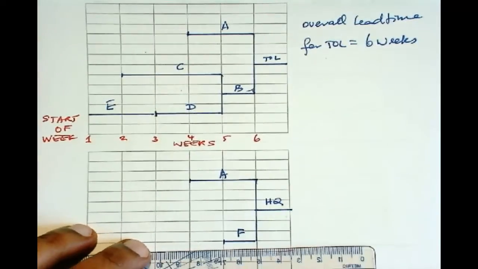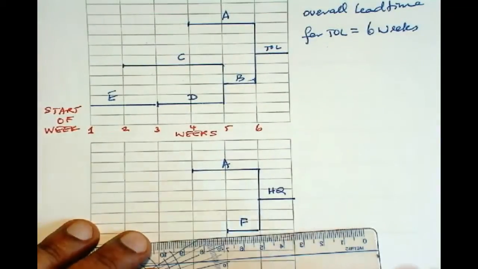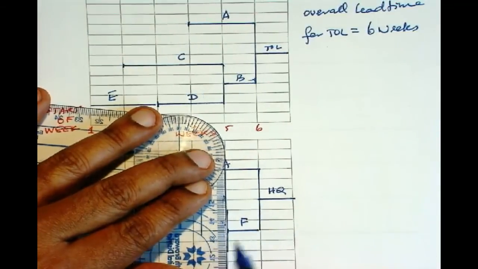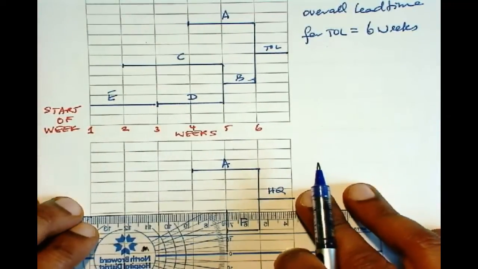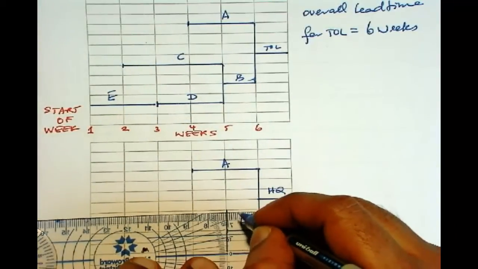And below F we have C and G. So we can go like that. And C is 3 weeks, okay, like here.